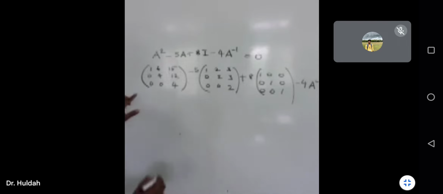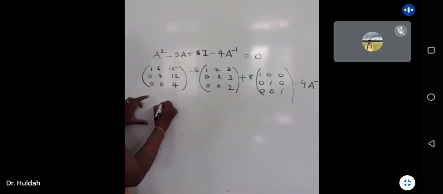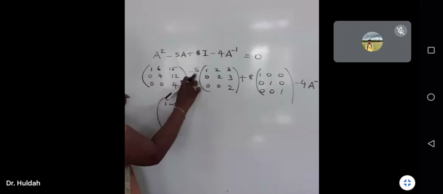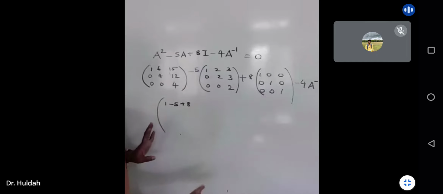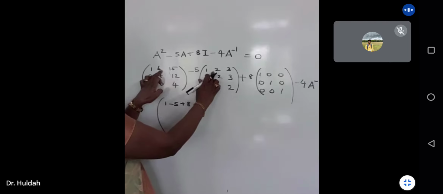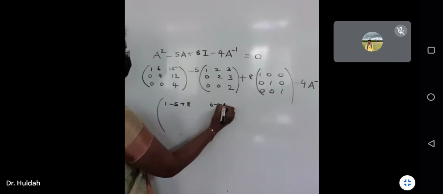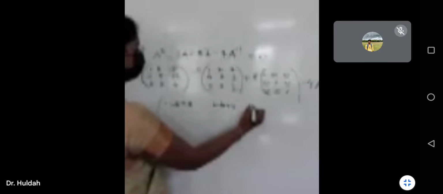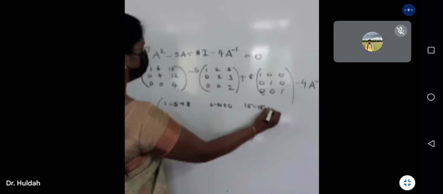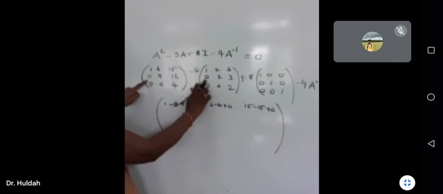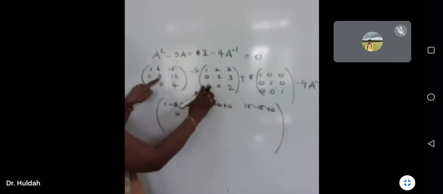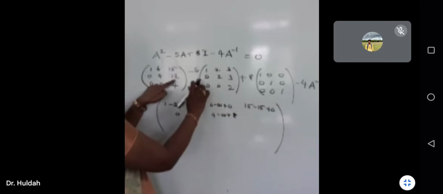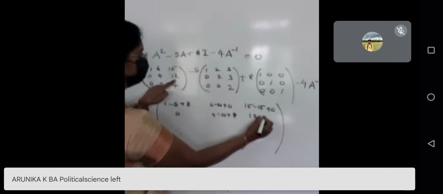Okay. So we just simplify this. So we get 1 minus 5 plus 8. Addition and subtraction of matrix. Second term, 6 minus 10 plus 0. 15 minus 15 plus 0. 0 minus 4 plus 4 minus 10 plus 8. 12 minus 8 plus 0.